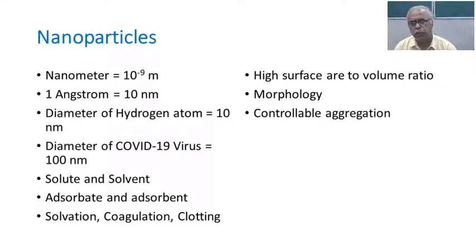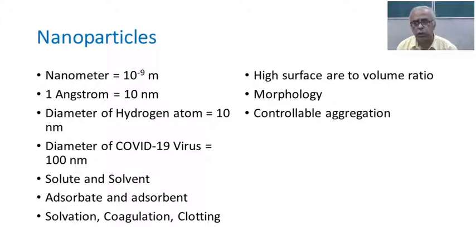And the other speciality of nanoparticles is they have a high surface area to volume ratio. As I already told you, when you reduce the particle size, the surface activity will increase. And it will have topographical or morphological features.